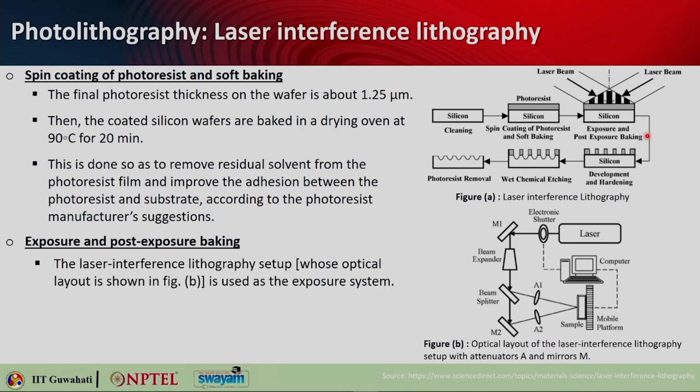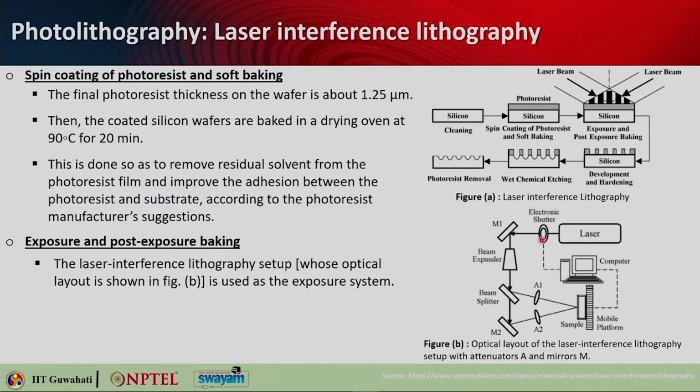Here you can see that the laser interference lithography setup is typically shown like this. Laser beams are coming from two sides, and then they are interfering, and this is typically the substrate, and here you can see the sample.